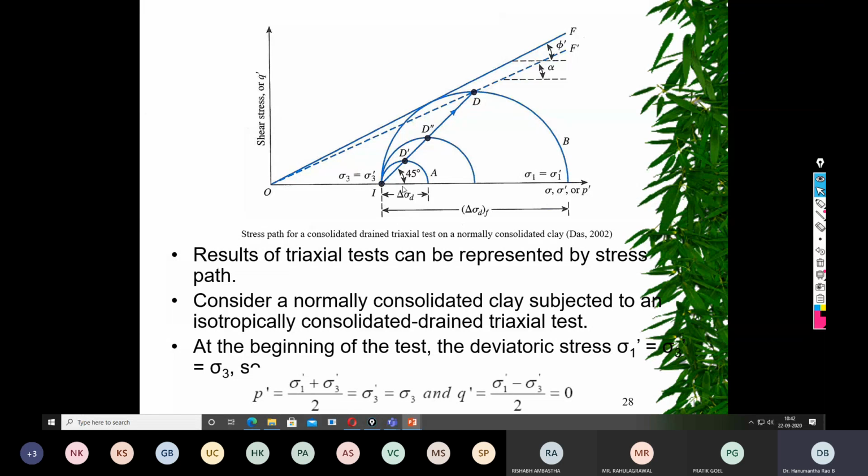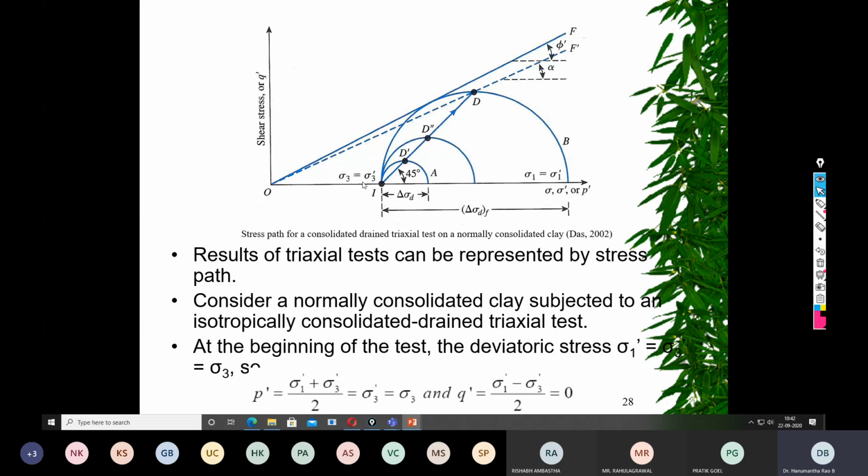Then what kind of path does it follow? This is what happens during excavation or consolidation. What kind of stress path does it follow?